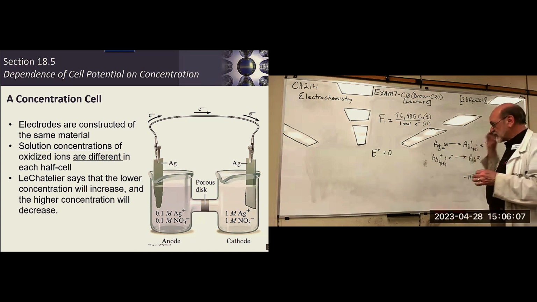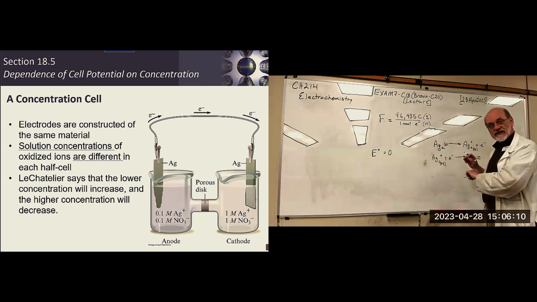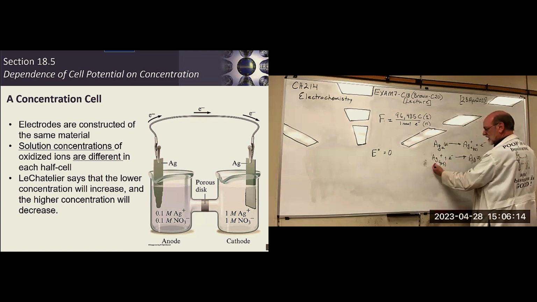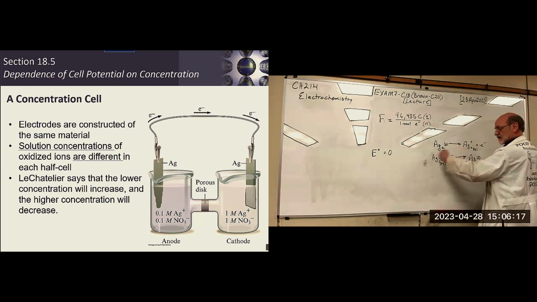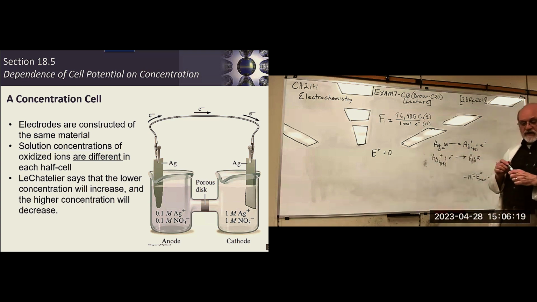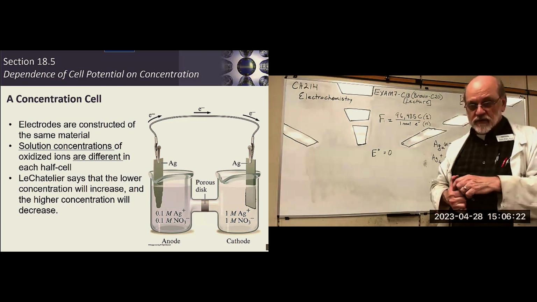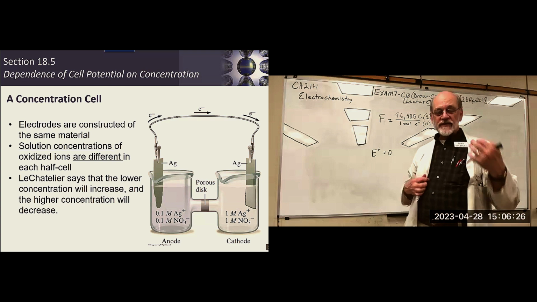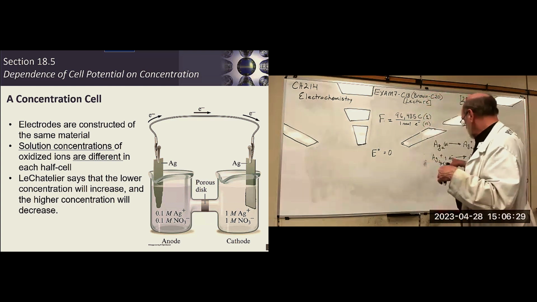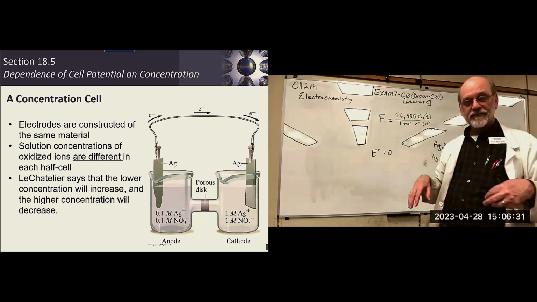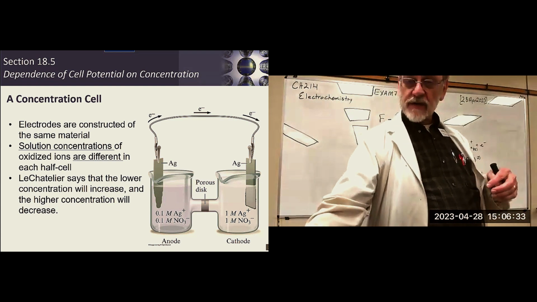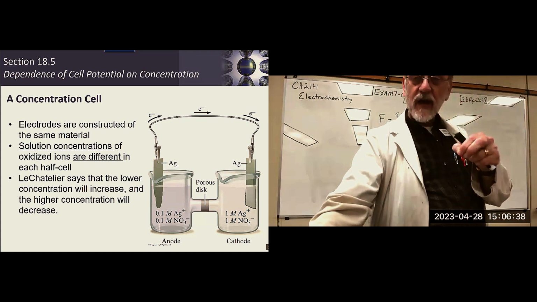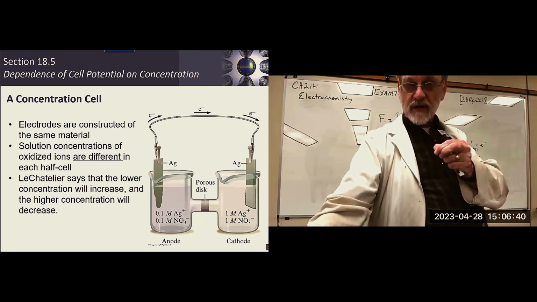So you've got too much of this on that side and not enough on this side. So this is going to be depleted in order to provide this. It's going to move that direction. That's what Le Chatelier said. It's going to move silver from the solid to the ion at the anode. And at the cathode, it's going to go the other direction. It's going to take the silver ions and plate them out on the electrode.